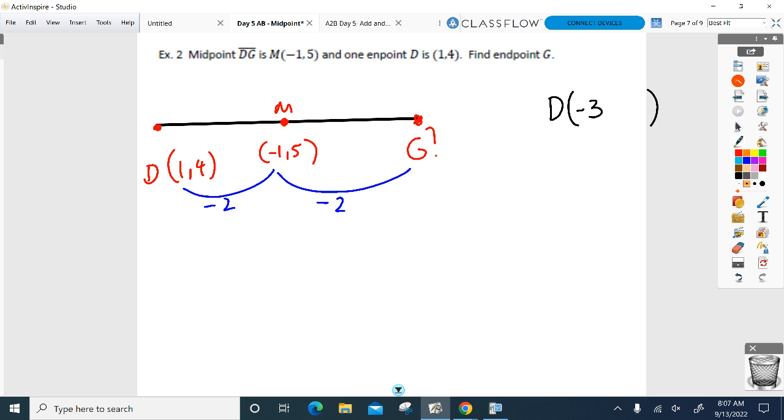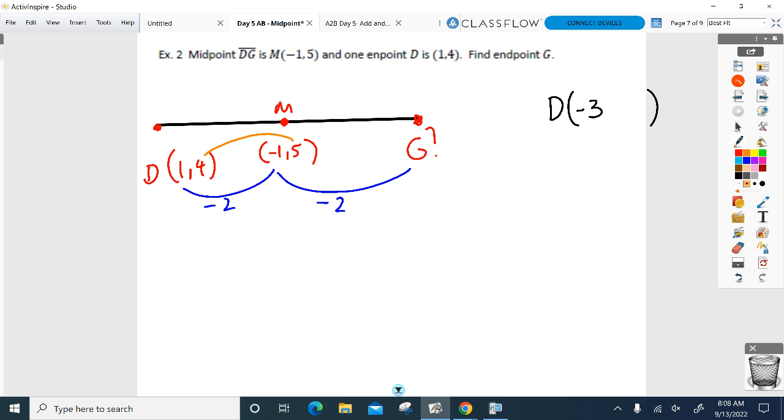There's your x-coordinate. And now I'm going to do the same exact song and dance with you for the y-coordinate. Ready? What y-coordinate did I start at for D? 4. And I went to where? 5. So now I'm on the y-axis. How many units did I just go, from 4 to 5? Up 1, right?